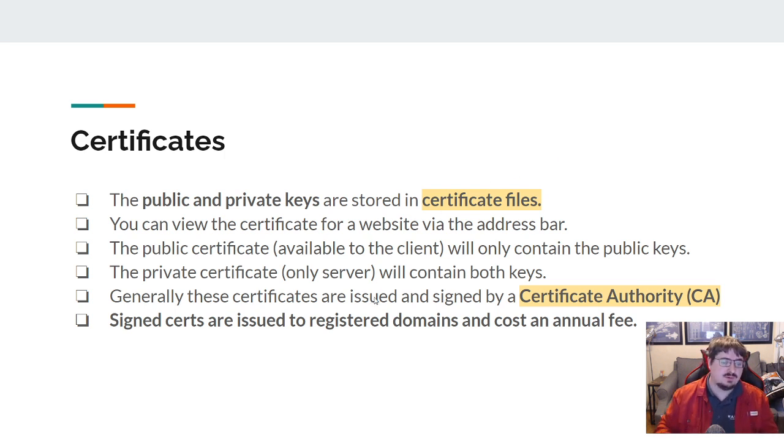These certificates are issued and signed by a certificate authority. We call that a CA. They are large companies that have the permission to sign those, or have been approved by the different software manufacturers to say, yes, you can sign certificates and prove identity. So like VeriSign, I'm sure you've seen that name around before. They sign a lot of certificates.